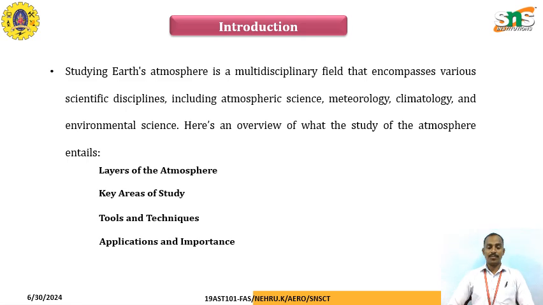Here is an overview of what the study of the atmosphere includes: the layers of the atmosphere, the key areas of study, all the factors, tools, and techniques for measuring atmospheric conditions, and its applications and importance.